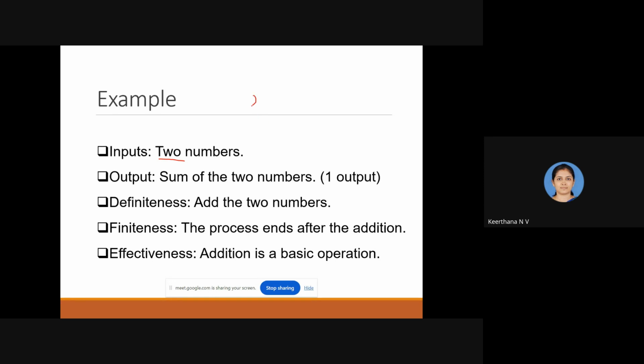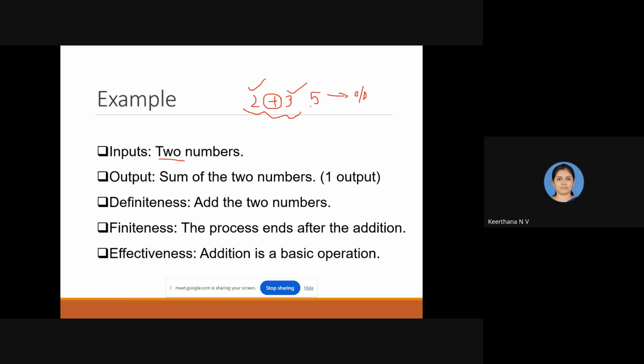For example, if I have 2 as one number plus 3 as another number, this will be your input and 5 will be my output. And definiteness means what you are going to apply for summation of two numbers. I'm going to apply the addition operator. So that will be my definiteness.